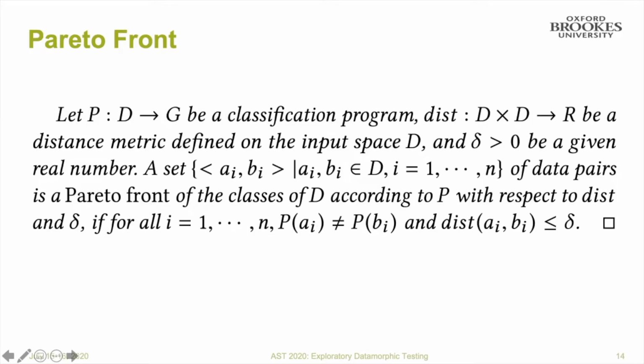Now we introduce the notion of a Pareto front as an abstraction of a test set that consists of test cases on the border and nearby to the border. Formally, a Pareto front is a set of data points in the input data space that each pair is in different classes and the distance between them is small enough.